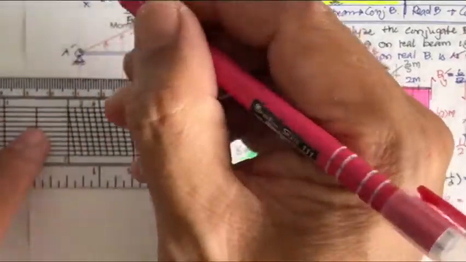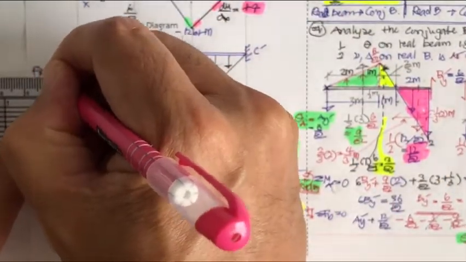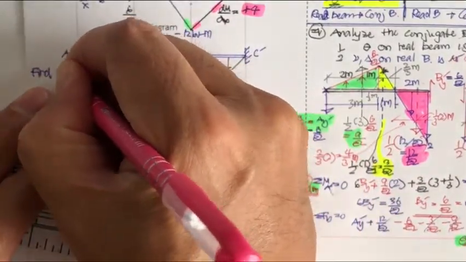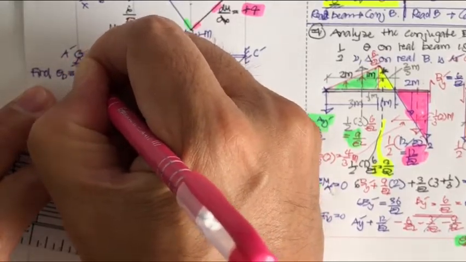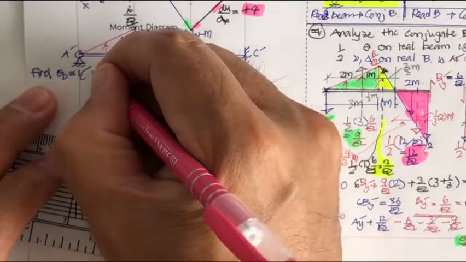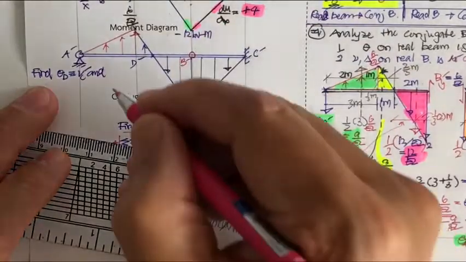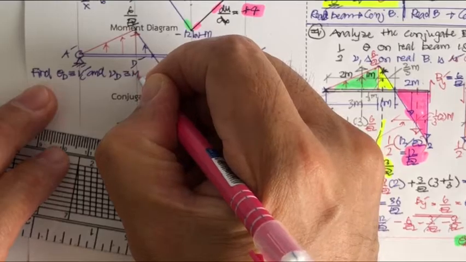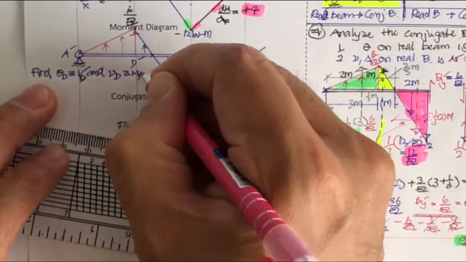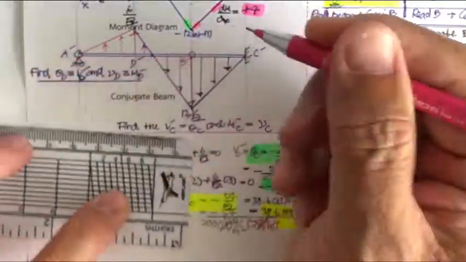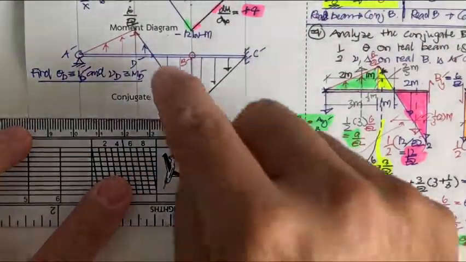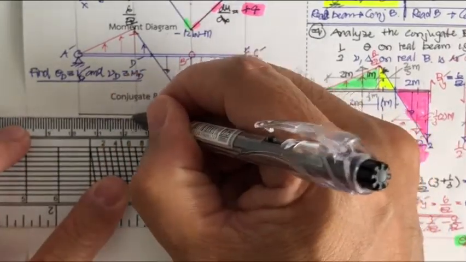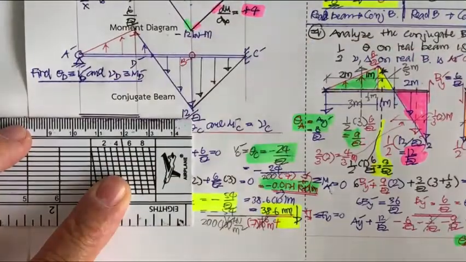If we find zeta sub D, that means we're going to find V sub D prime. And if we find delta sub D, that means we're going to find M sub D prime. So by doing this, we have to draw the free body diagram of the portion A prime, D prime.